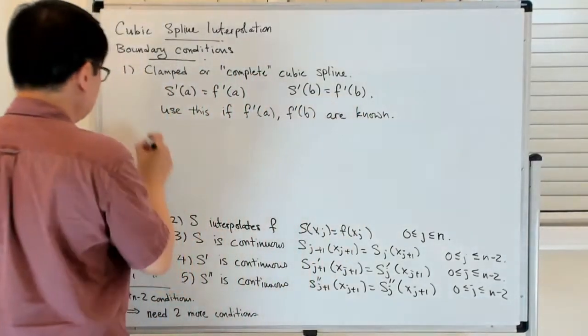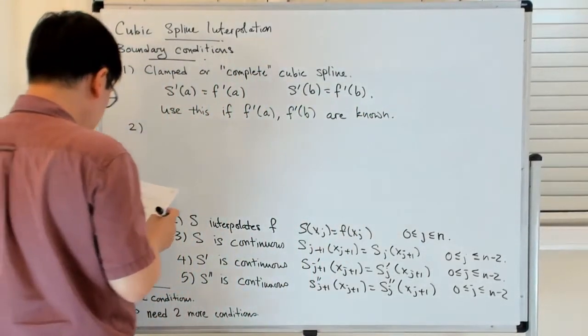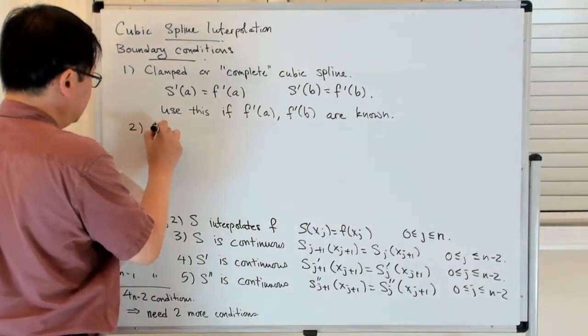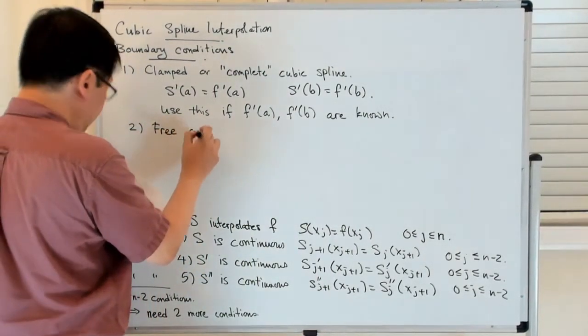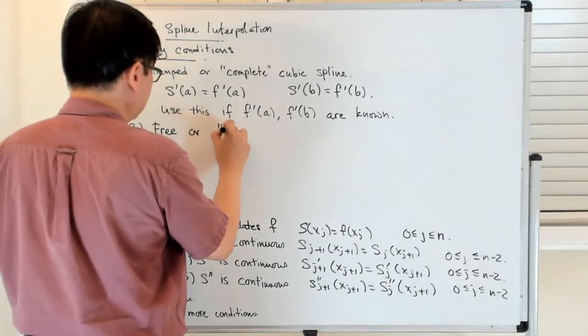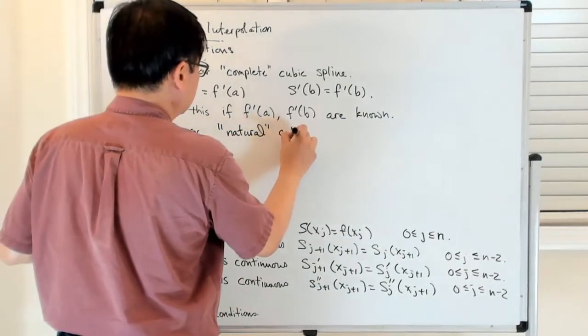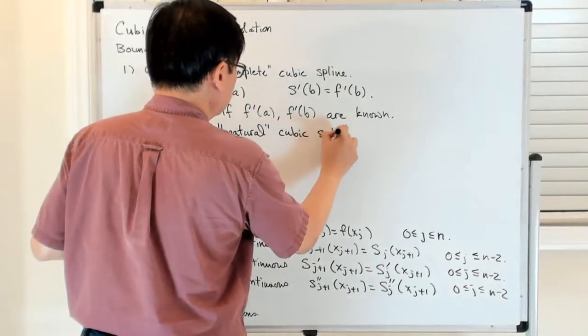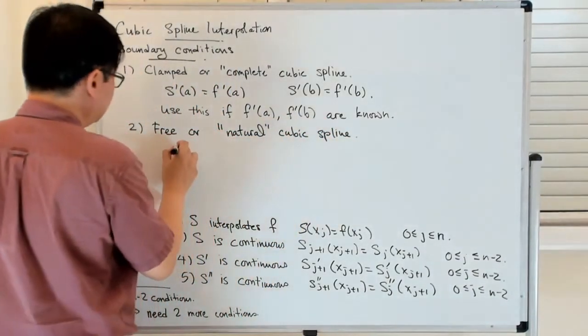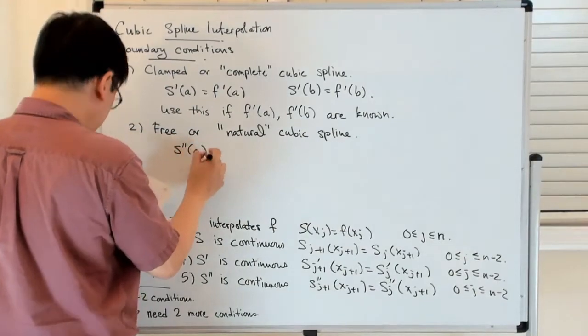The second of which is what is called the free or natural cubic spline, which is a condition that the second derivative at the endpoints vanish.